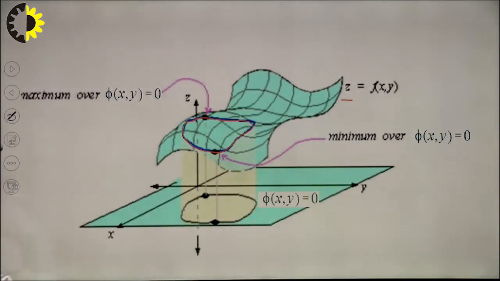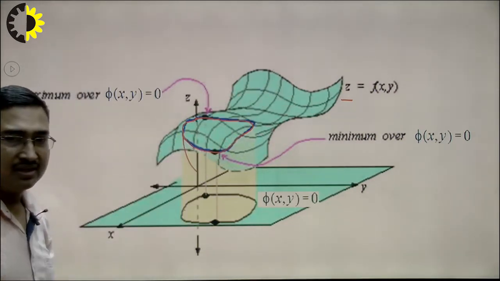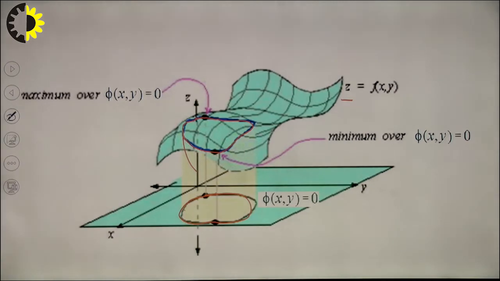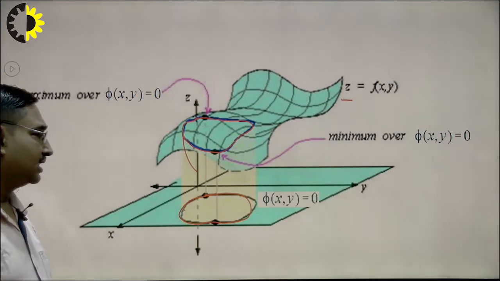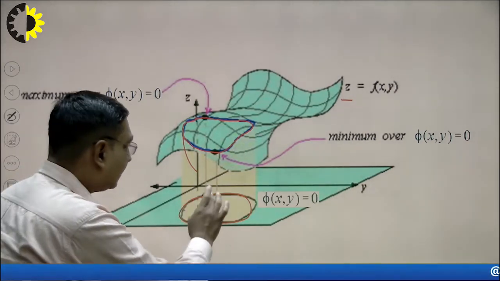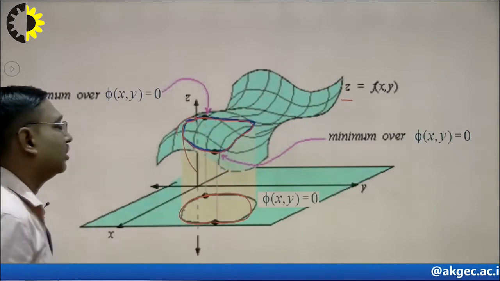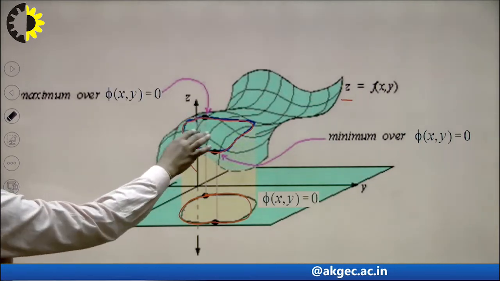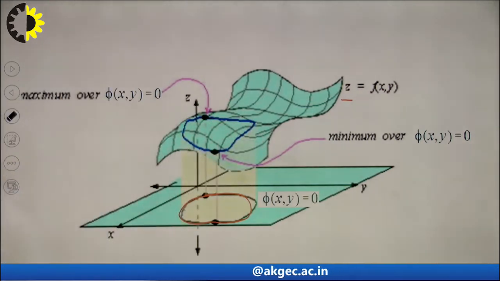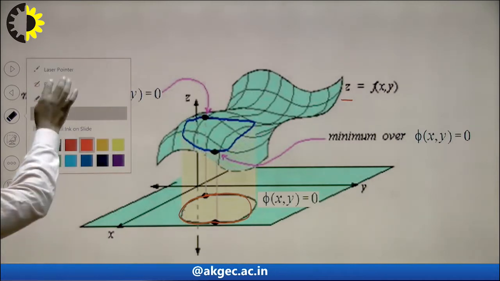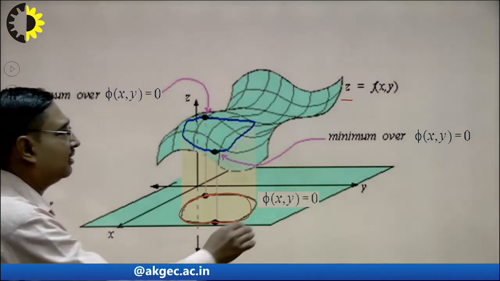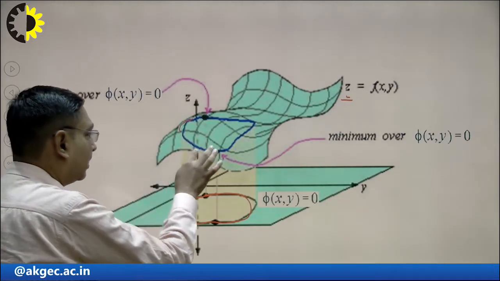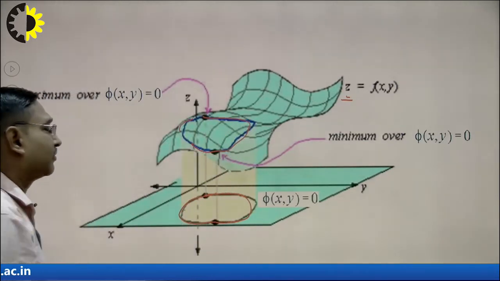Thus, if we are given this surface and we have a cylinder, a right cylinder, not necessarily circular, the intersection of these two is the curve shown here in blue color in the original picture. So under constrained maximization or minimization, we are trying to find the extreme value of this function z lying over this surface on this curve.